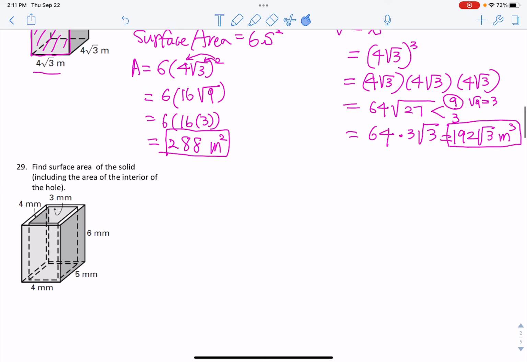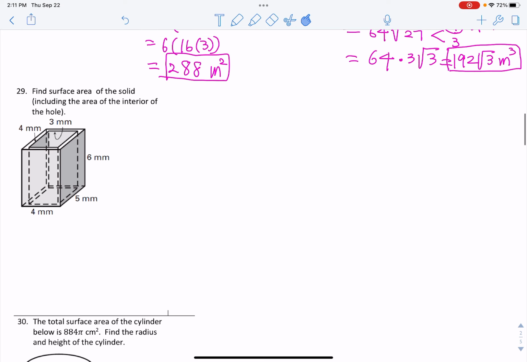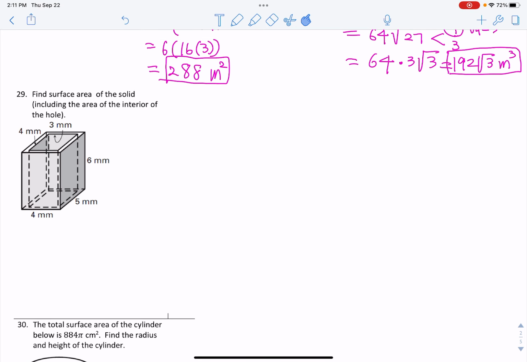And then for the composite figure, you can see the big rectangular prism with side lengths of 4, 5 and 6. But inside, there's another rectangular prism hole in it, with a length of 3 here, with a 4 here, and height the same as 6.